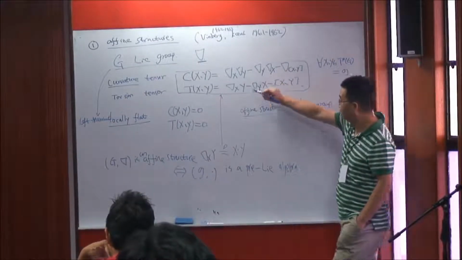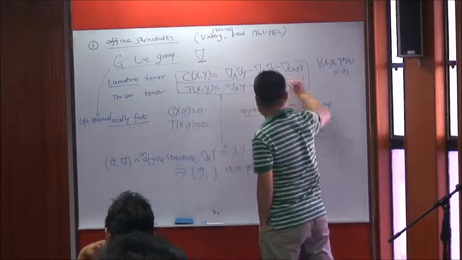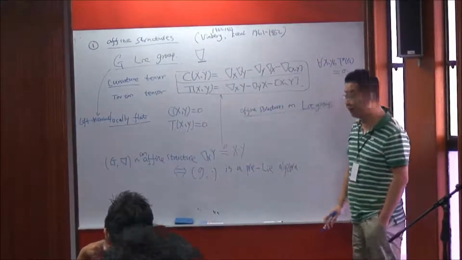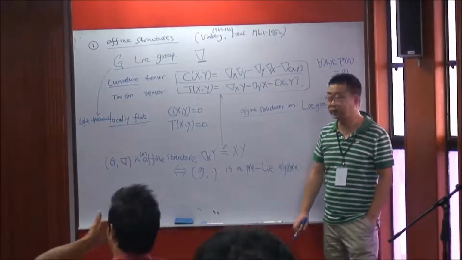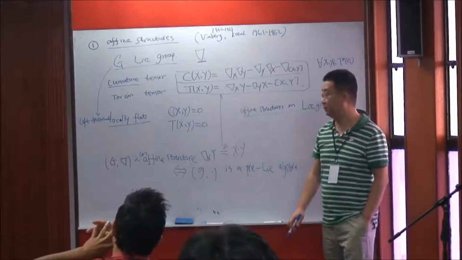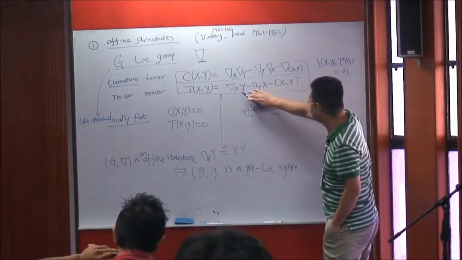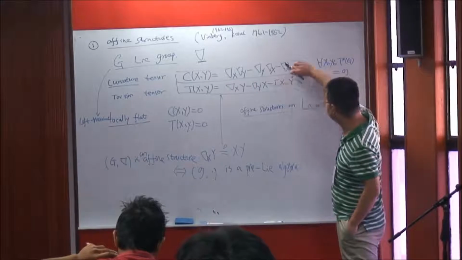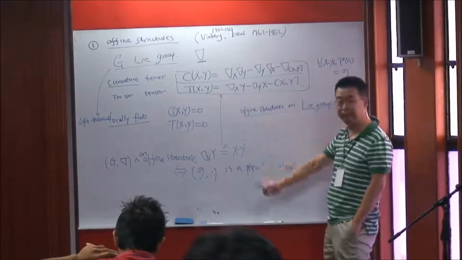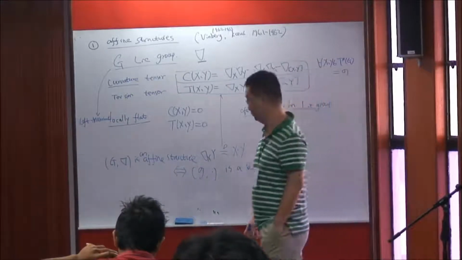So here, the curvature is 0. The left multiplication operator in the algebra has the geometrical implication: the curvature is 0. Here the torsion is 0, which means the commutator is linear. Substituting this one into this one, we get the pre-Lie structure.